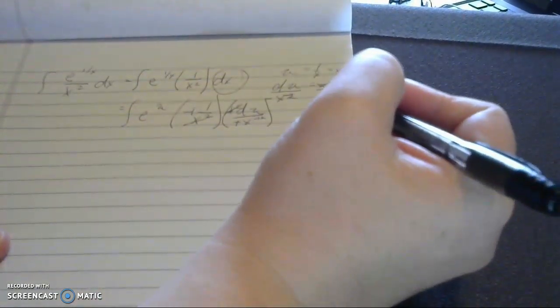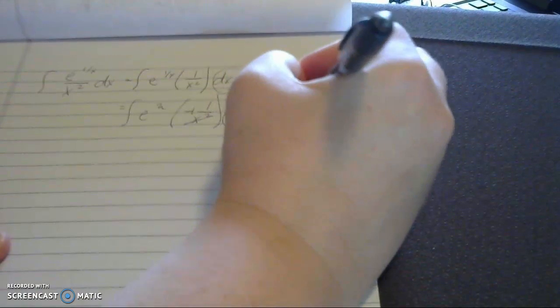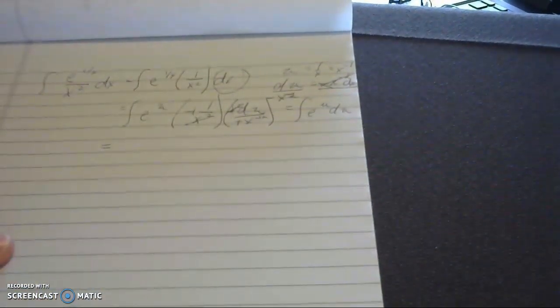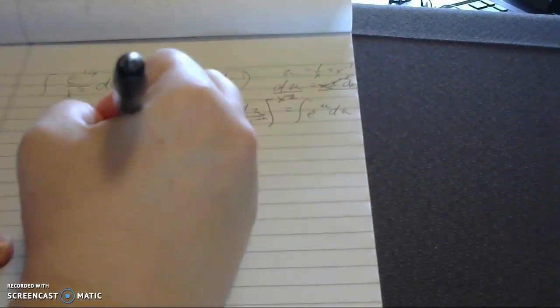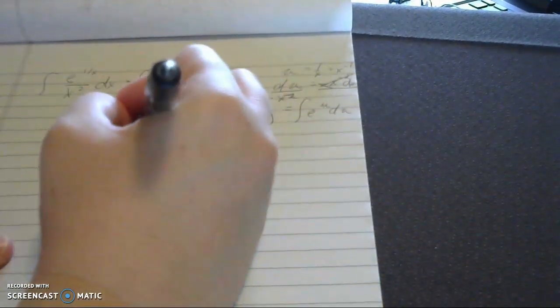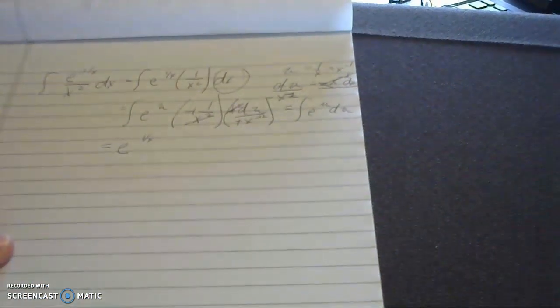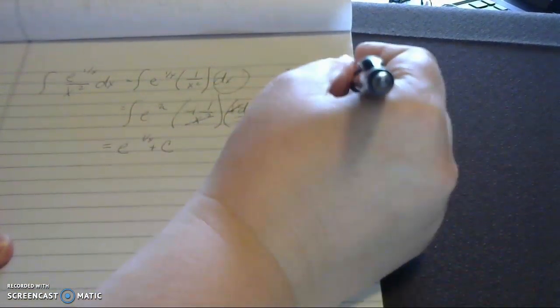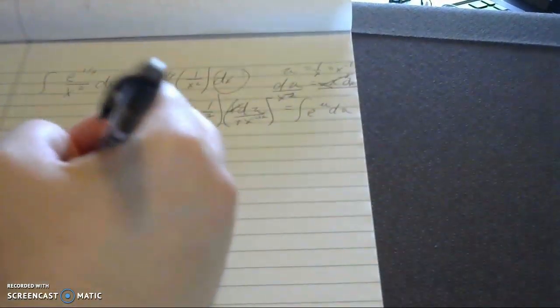The negatives cancel each other out. Now I'm left with the integral of e to the u du. Super easy. So if I translate that back over, then put my substitution back in, u was 1 over x. So I put my 1 over x back in, and then plus c. I think actually I had a minus sign left off there, but okay.